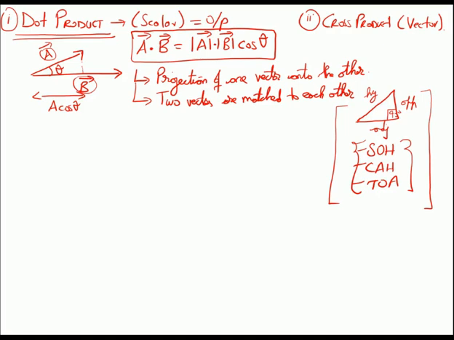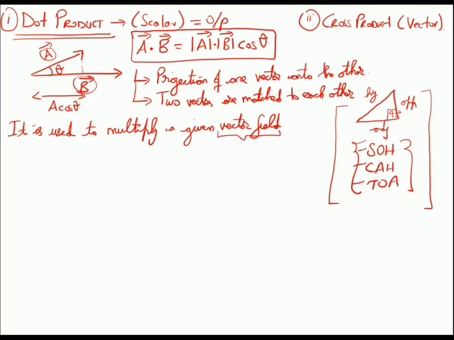If we put an official definition to it, dot product is used to multiply a given vector, or specifically a given vector field. We have already understood what a vector field is in our previous lectures. So we basically multiply a given vector field by the component of another vector.